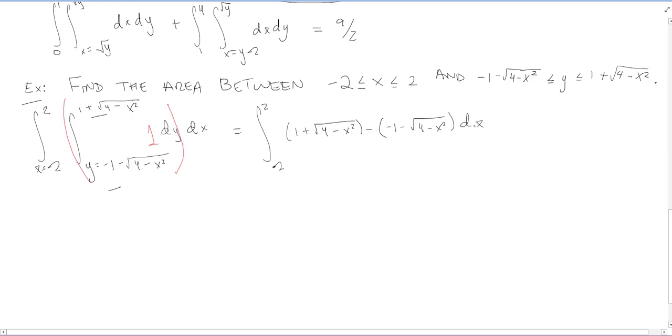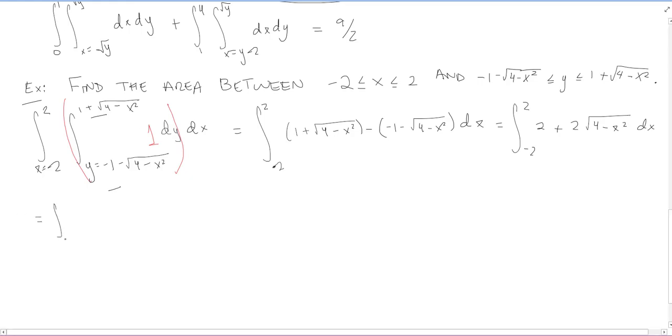All right, so all that's left is dx. Notice your only variables remaining are also x, so that's a good sign. If we simplify this a little bit, combining some terms, we have the integral of 2 plus 2 square root of 4 minus x squared dx. Now let's separate.